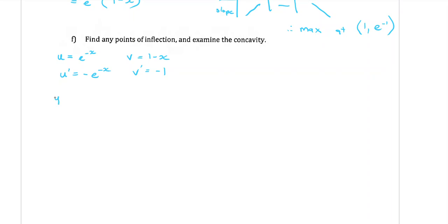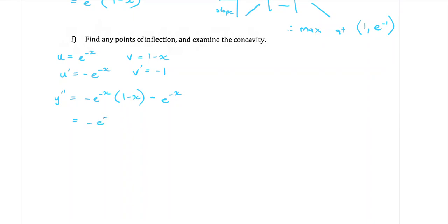So y double dash, the second derivative, equals negative e to the negative x times the 1 minus x, then plus, there's a minus sign there, so minus e to the negative x. If I expand that out, does something nice happen?